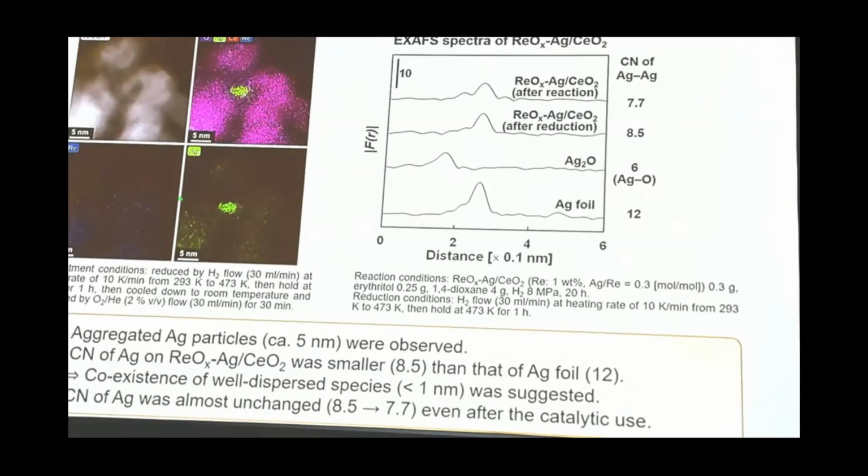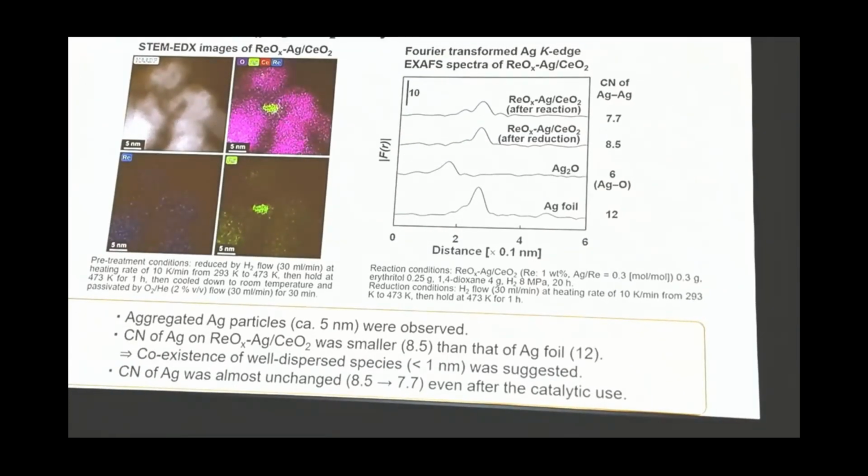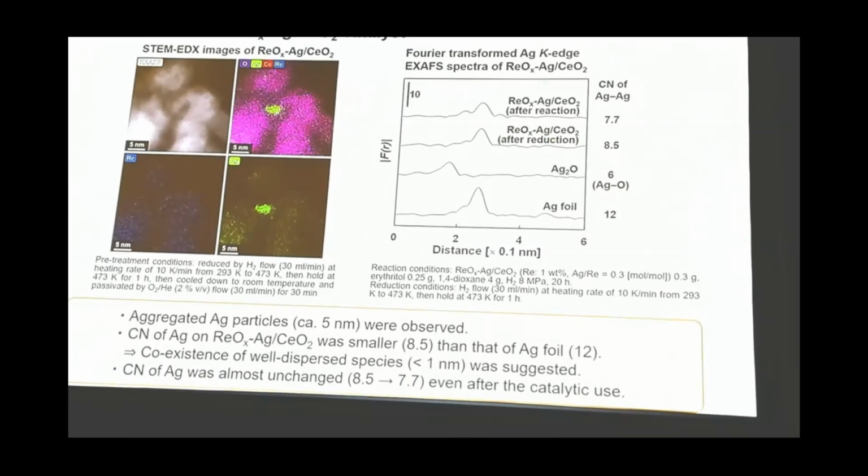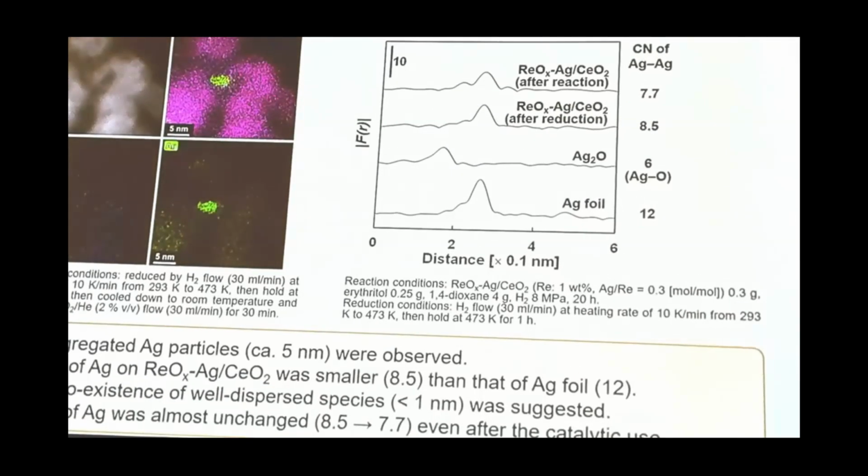As you can see, large silver particles are observed here, but some dispersed silver was also observed. On the other hand, the EXAFS analysis gives coordination numbers of the silver-silver bond of 8.5 and 7.7 for the fresh catalyst and the used catalyst.